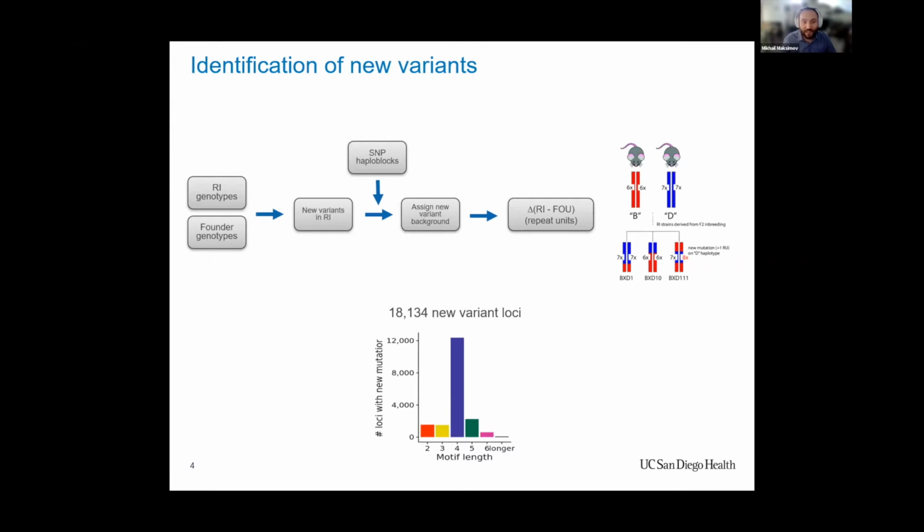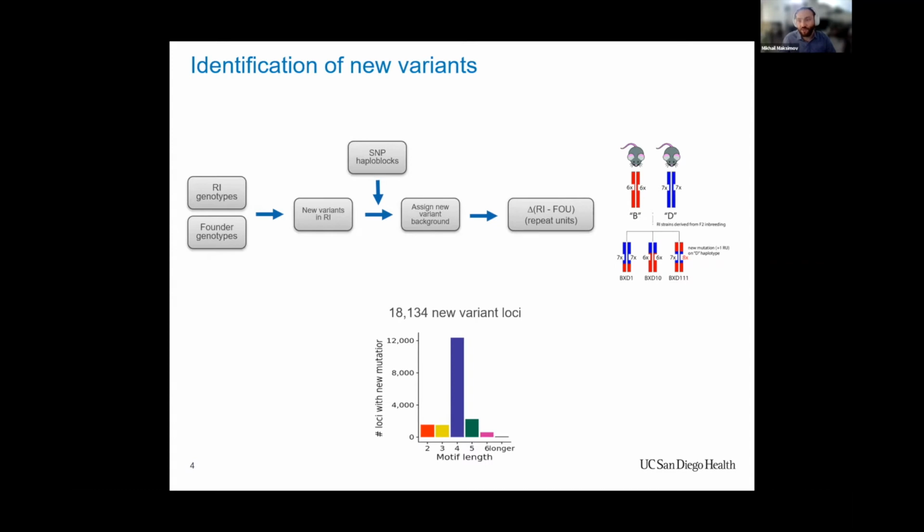So to this end, we knew we wanted to identify and look at new STR variants that arose in the strains. And we basically just took a pretty straightforward approach to do this. We simply compare the RI strain genotypes to founder genotypes at every locus, and note any RI strains with a genotype that's different from both of the founders.